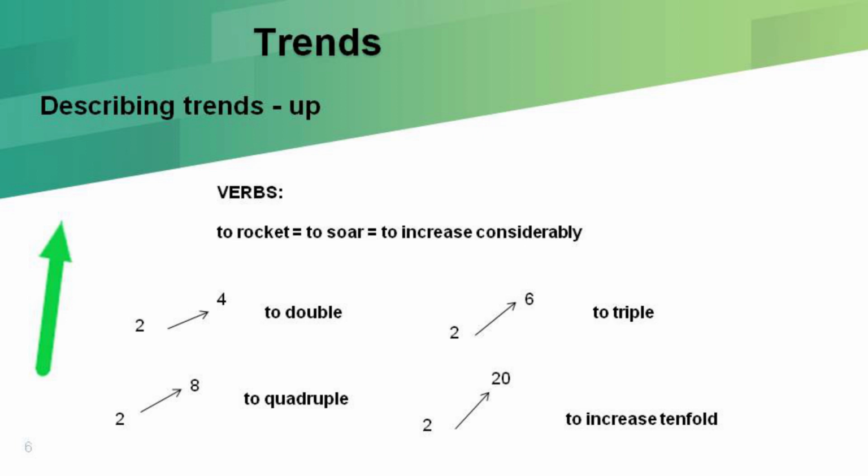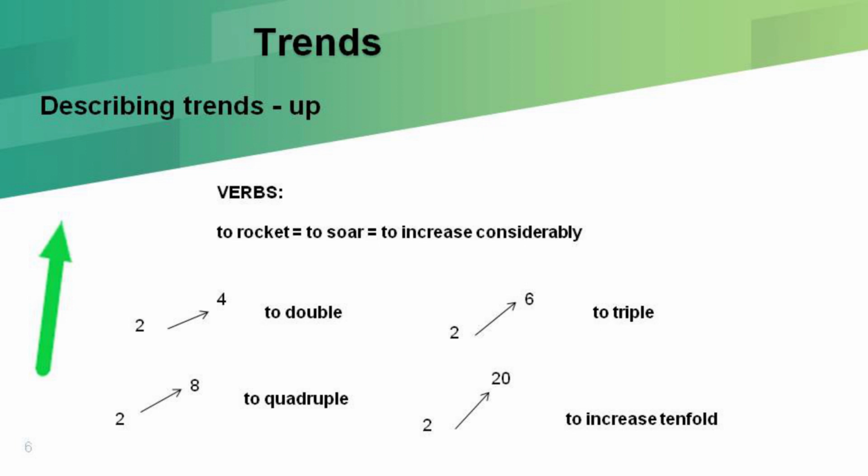Also, take a look at the following verbs. To double. This means something is multiplied by 2. You can also use the verb to triple. So it is used to describe a trend where the figures are multiplied by 3.